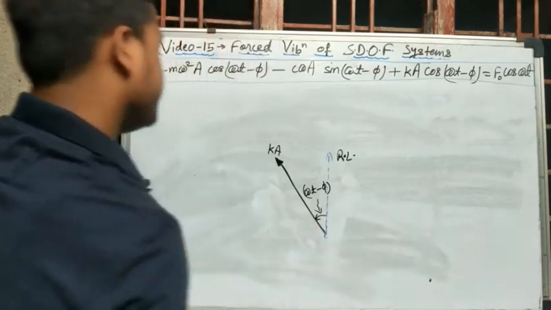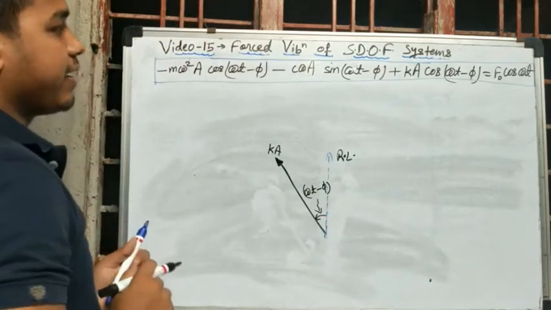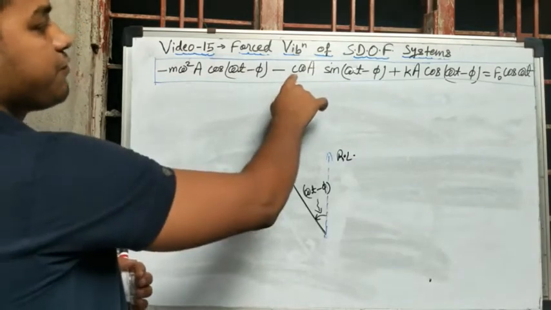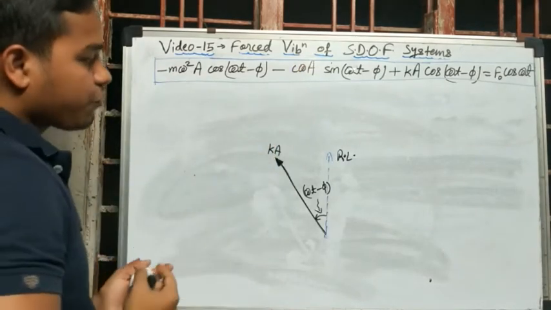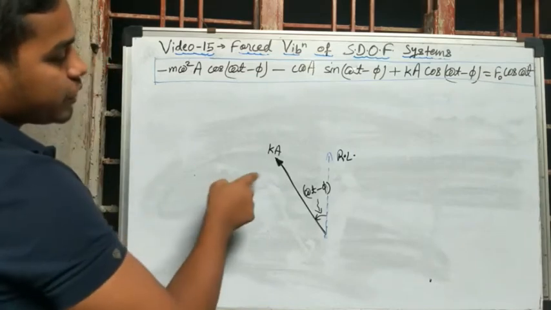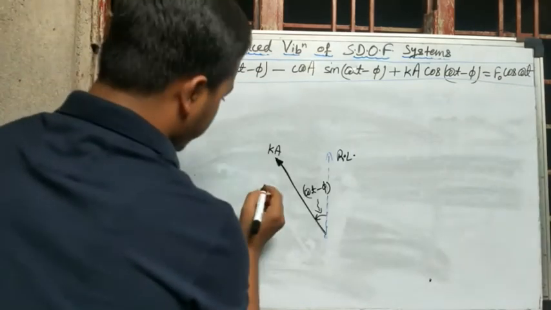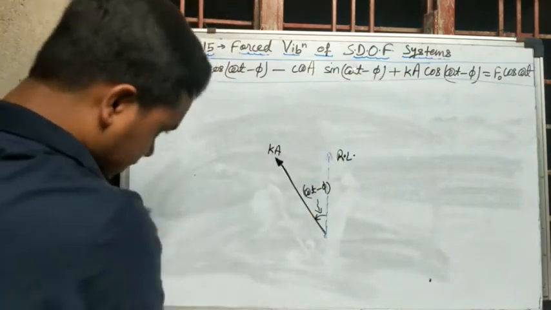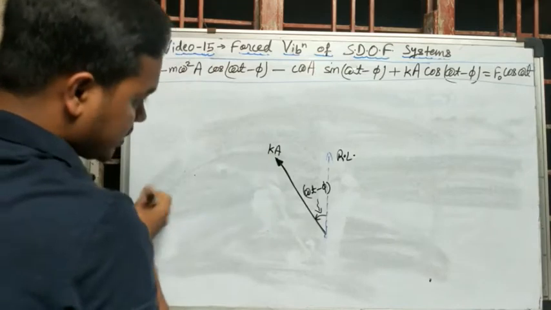Now after Ka, I will add this force c omega a. Now what was the direction of c omega a? C omega a was exactly perpendicular to Ka. That means a line which is perpendicular to Ka, and in which direction? Here or here? In this direction.